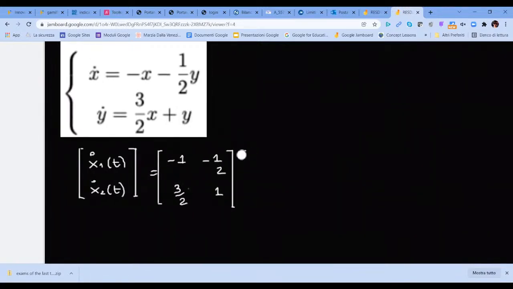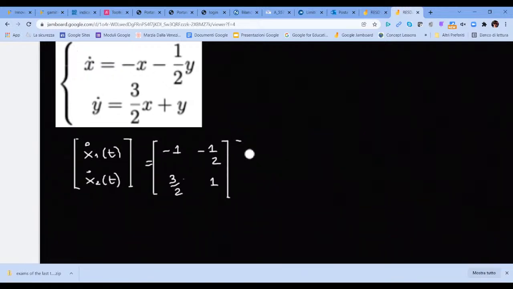Okay, and this is multiplied by x1, x2, that in this problem is given as x and y, but we have x1 of t and x2 of t.